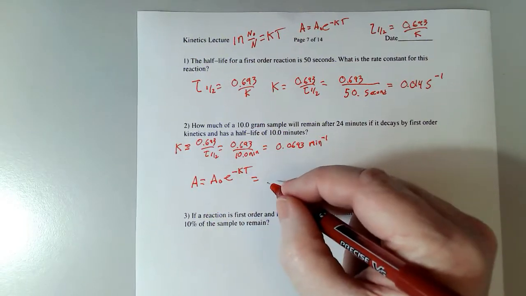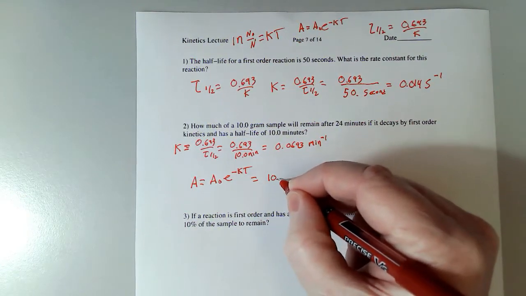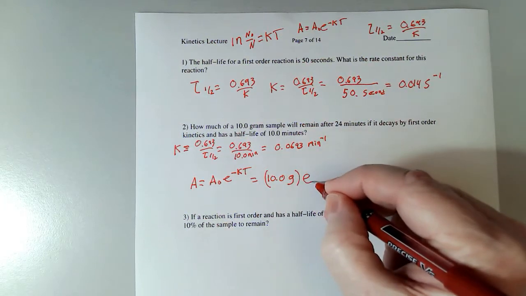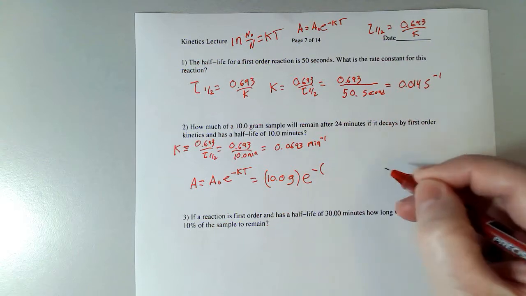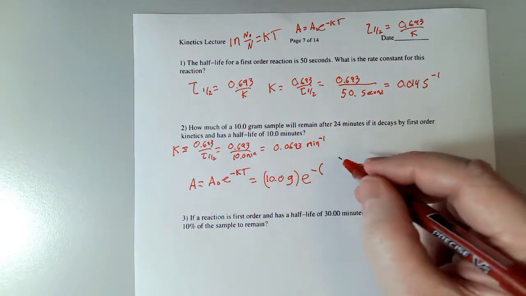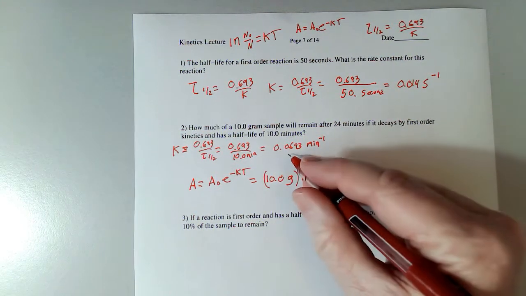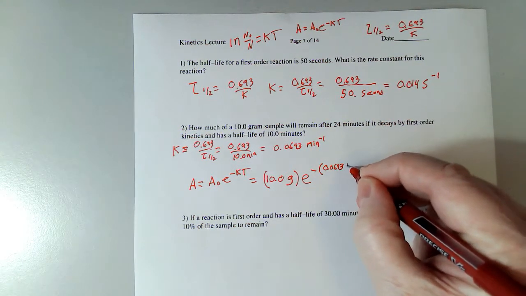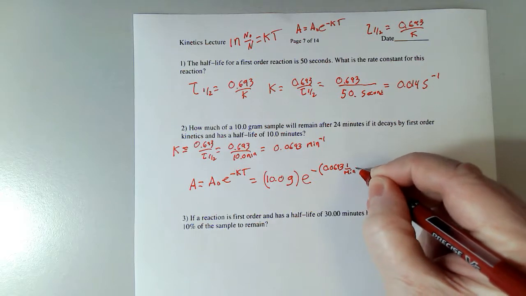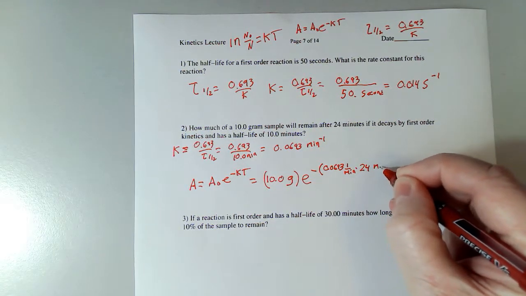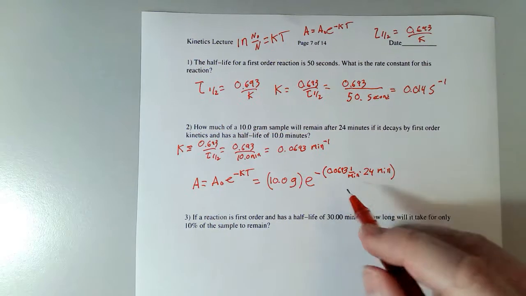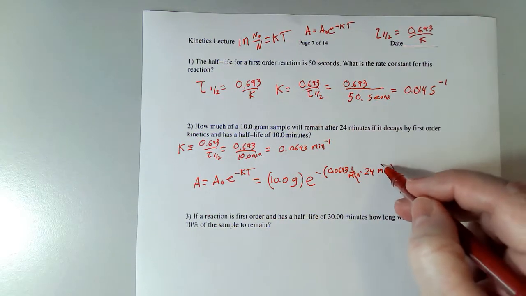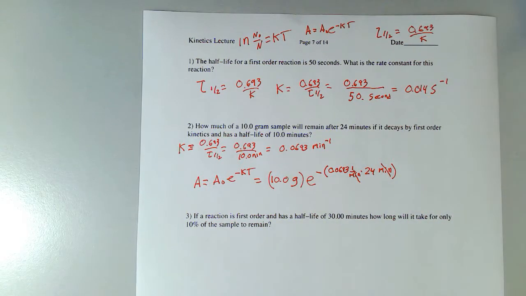So we started with 10.0 grams, times e to the negative, open parentheses, k, 0.0693 per minute, times 24 minutes. I have to make sure that these two time units cancel. They must be in the same unit. Minute and minute cancel.